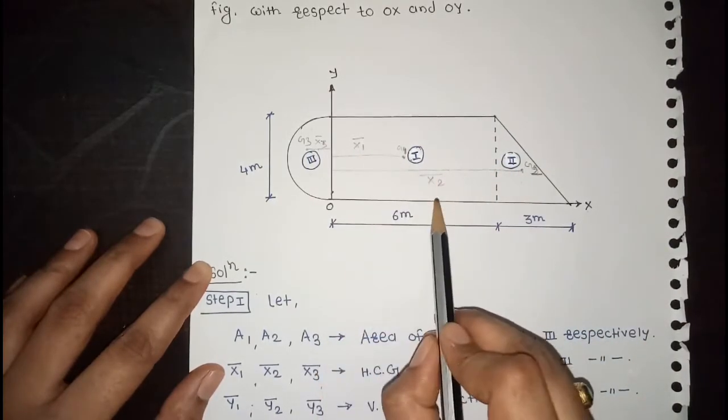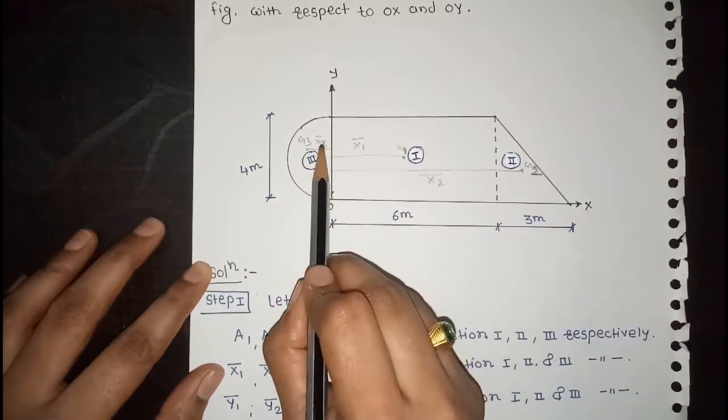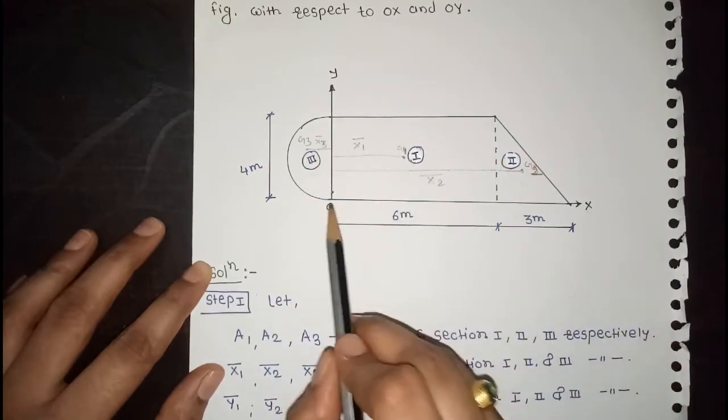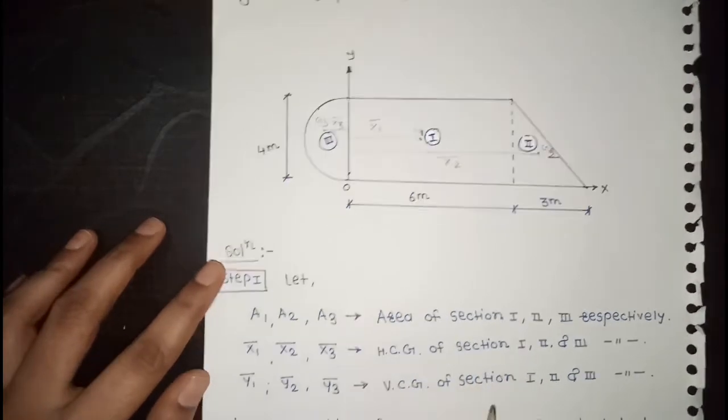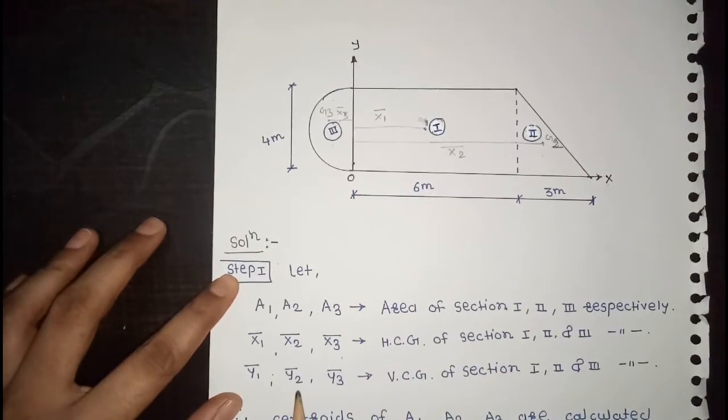X1 bar, X2 bar and X3 bar are known as horizontal centroidal distances of sections 1, 2, 3. Then Y1 bar, Y2 bar and Y3 bar are the vertical centroidal distances of section first, second and third respectively.